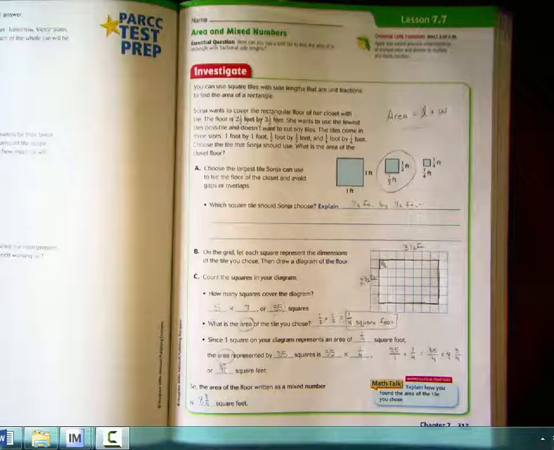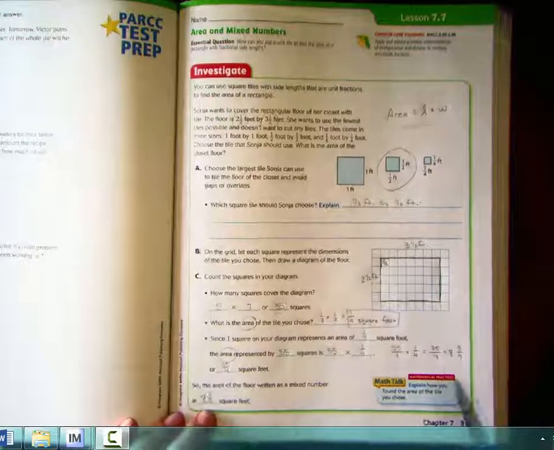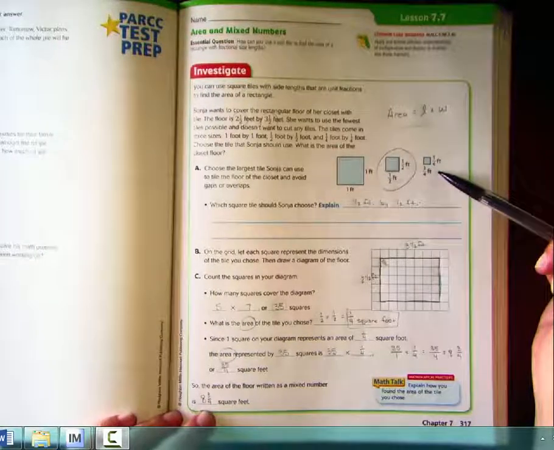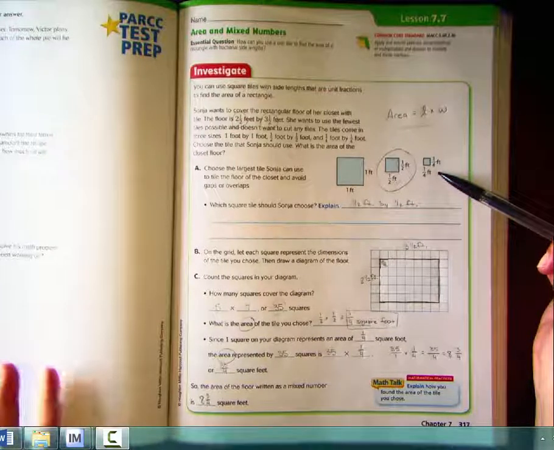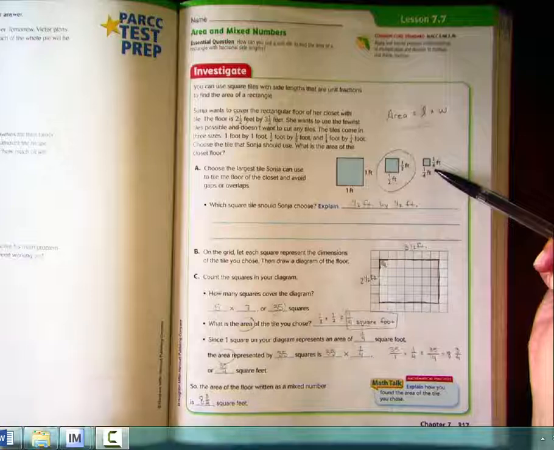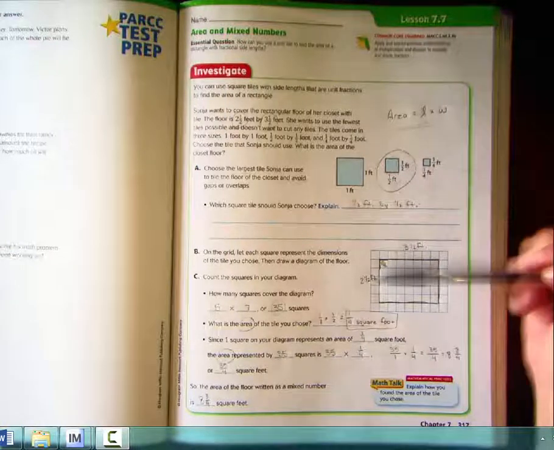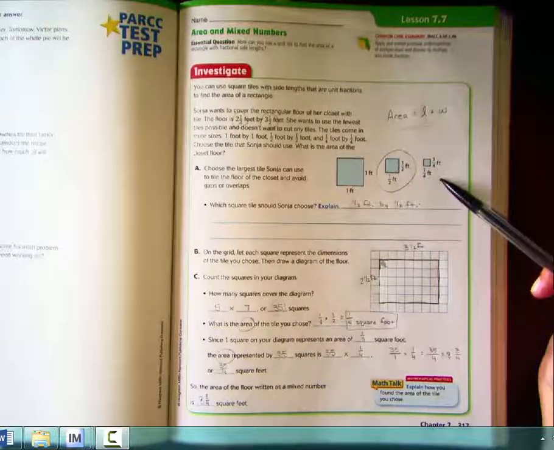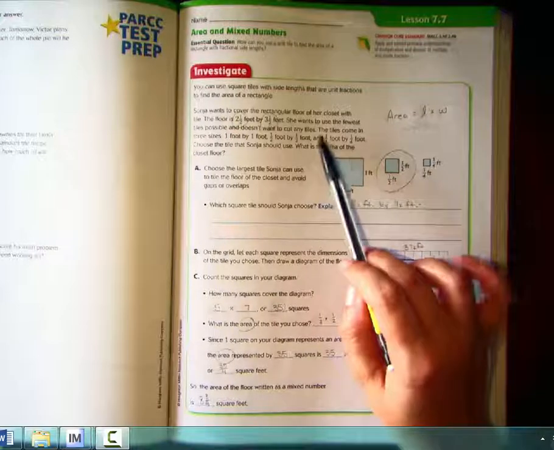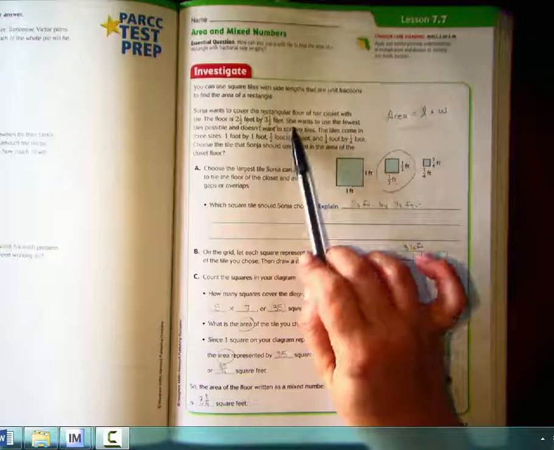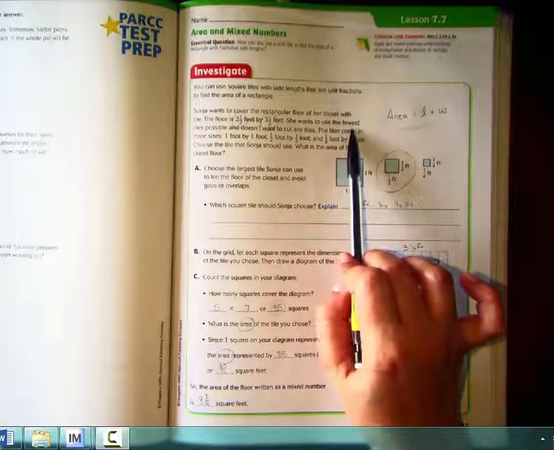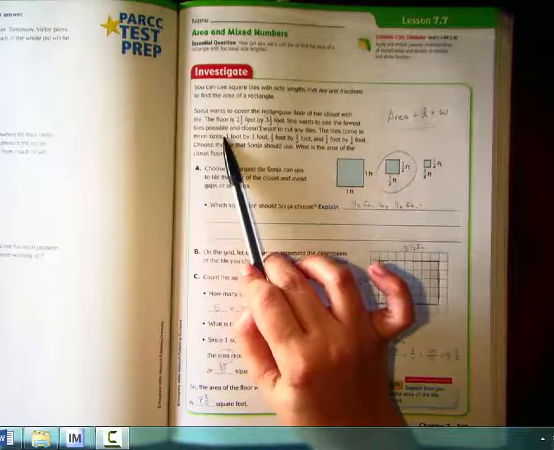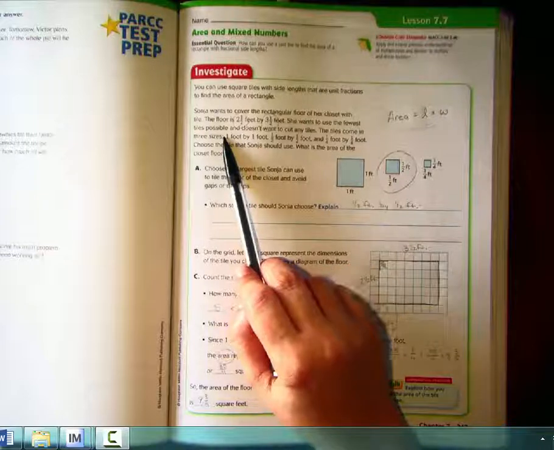All right, now you may be saying to yourself at this point, well, I could have used the 1/4 by 1/4 size tile, which is true, it would fit. And I'm going to show you why we wouldn't choose that one in just a second. If we go back to our problem, remember here in that third sentence it says she wants to use the fewest tiles possible without making any cuts.